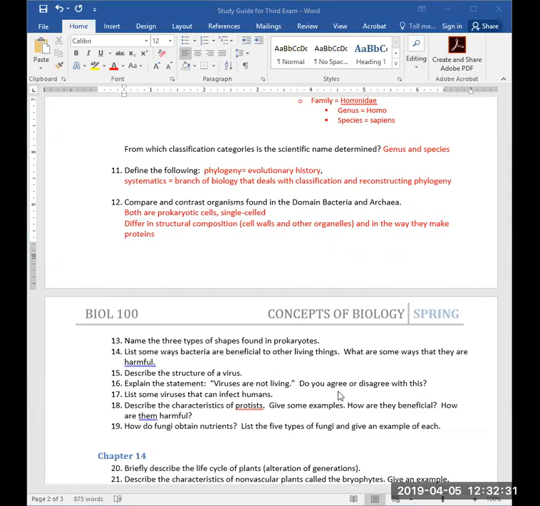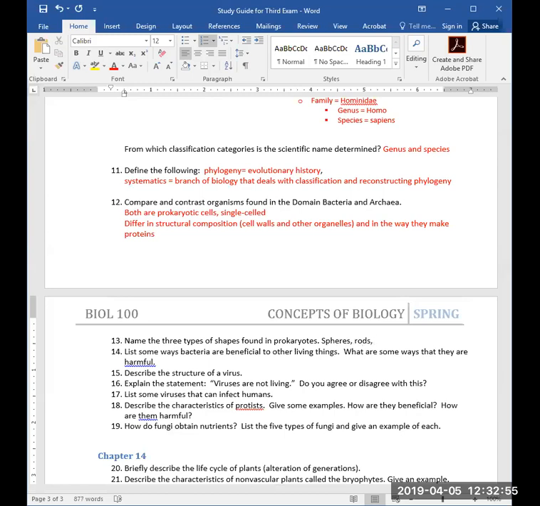All right. What are the shapes in prokaryotes? Some are like balls, like spheres. Good. Spheres, rods, and what's the last one?